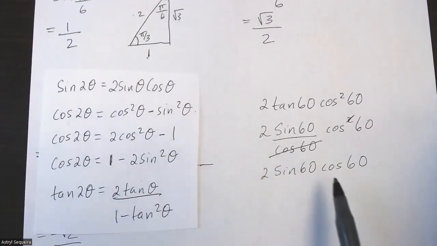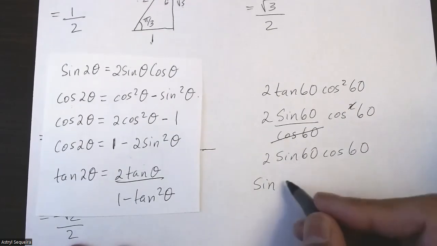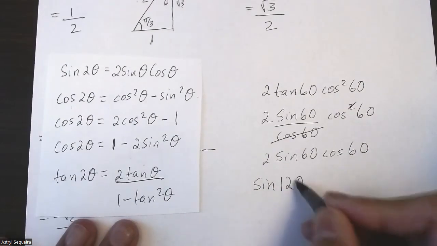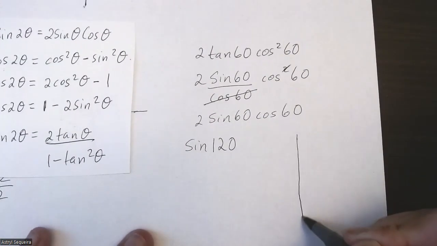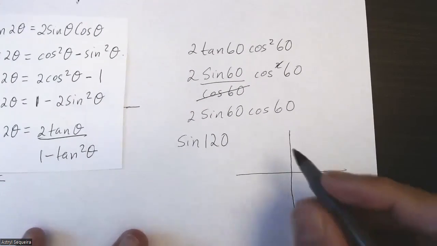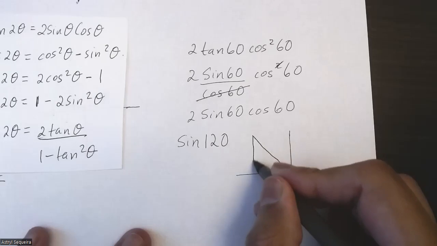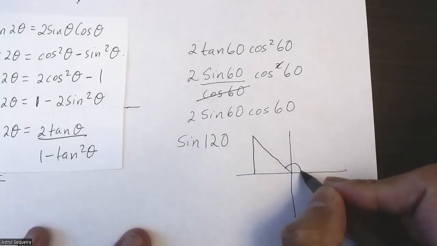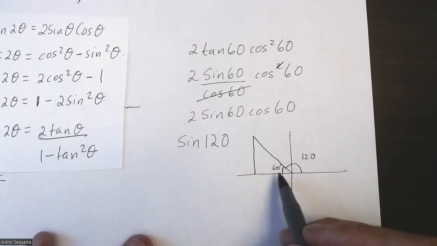So 2 times 60 is going to give me sine 120 degrees. And again, this is no longer a simple special triangle. 120 is actually in the second quadrant, like this. So this is 120, which means that this angle here is 180 minus 120, which is 60 degrees.